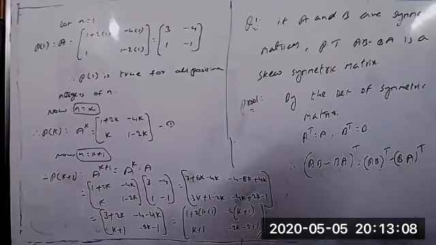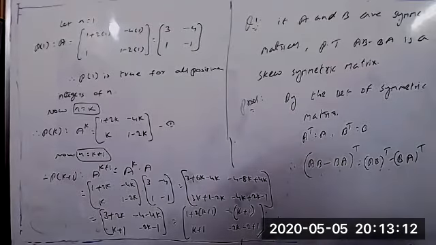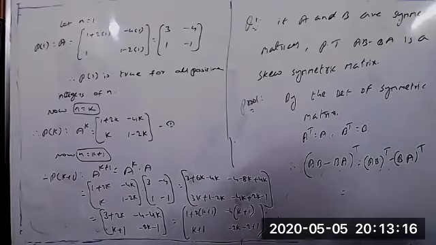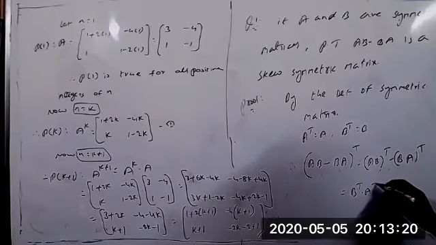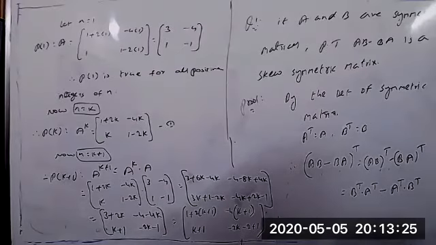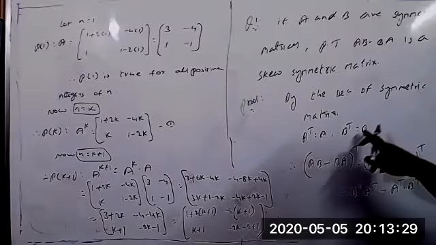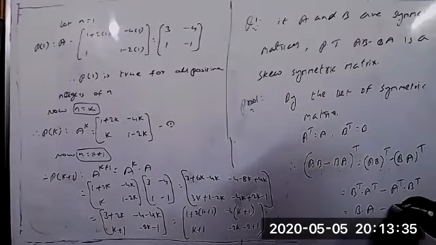Next, A into B whole transpose equals B transpose into A transpose. So it is B transpose into A transpose minus A transpose into B transpose. Clear now? By the definition of symmetric matrix, B transpose equal to B, so you can write this as B into A minus A into B.